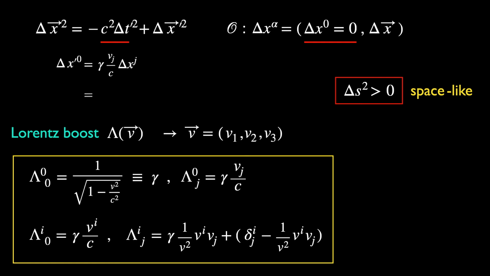On the right-hand side, let's multiply and divide by V. The term in the blue box is the dot product of the spatial displacement with the unit vector along the velocity.